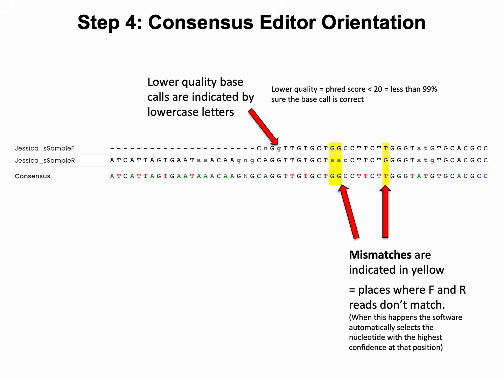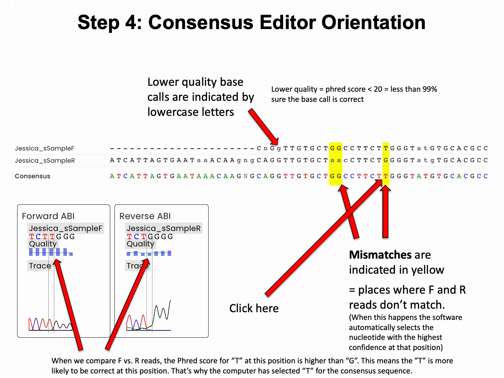For example, you can see those two highlighted G's are G's in the forward read, but A's in the reverse read. Typically when this happens, the software automatically selects the nucleotide with the highest confidence in that position, or the highest Phred score in that position. And if you were to click on any of those individual letters in the consensus sequence, you can actually look at the electropherograms and compare the quality of the calls at those positions to see which letter was selected.